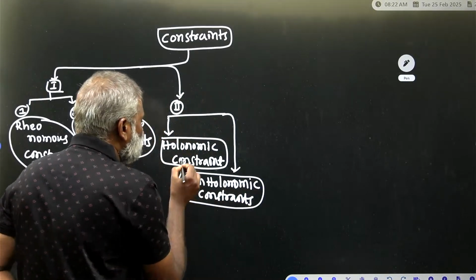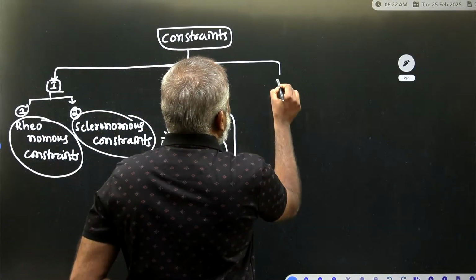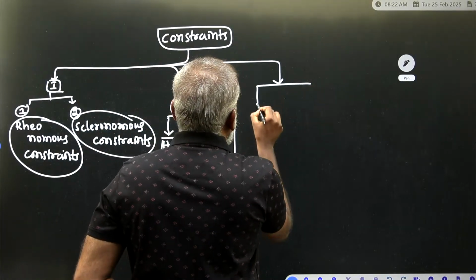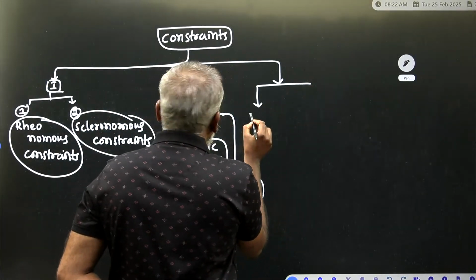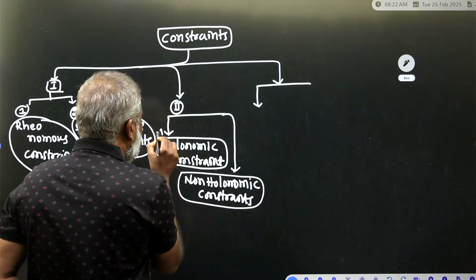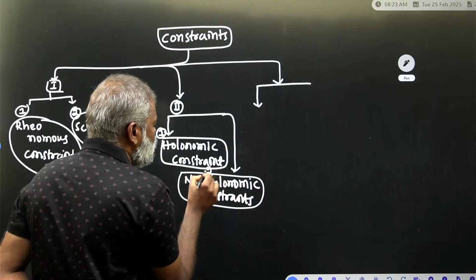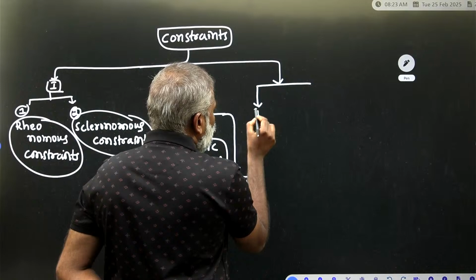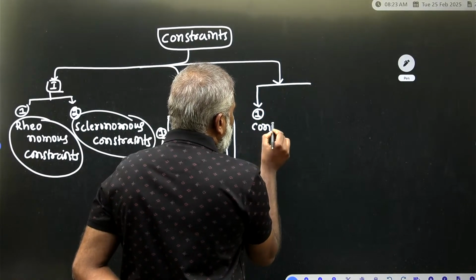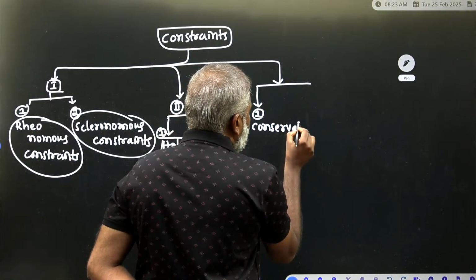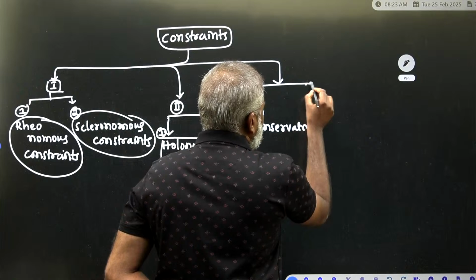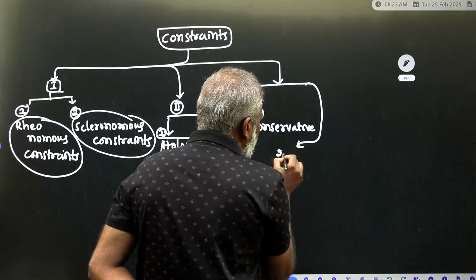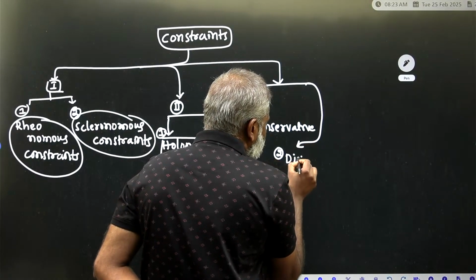Now, what is the third variety of the constraint? In each variety there are two types. One is the conservative constraint, and the other is the dissipative constraint.